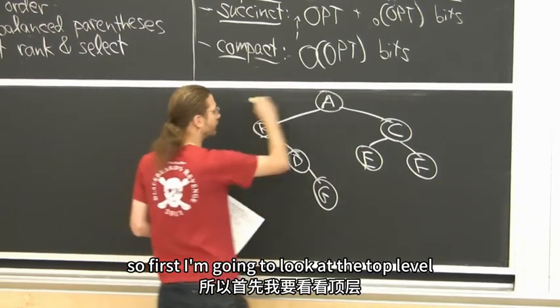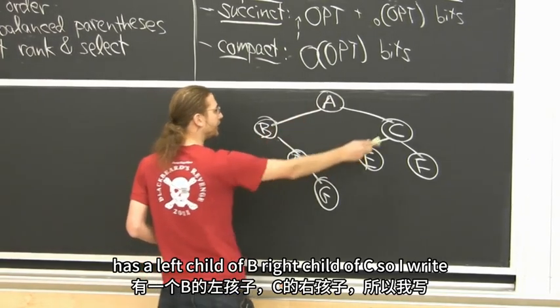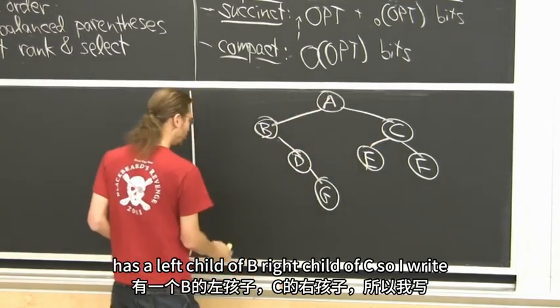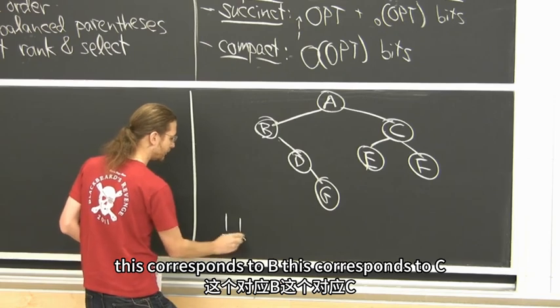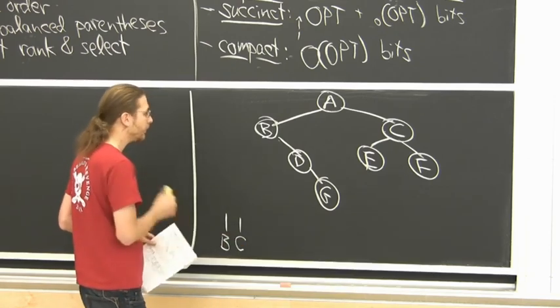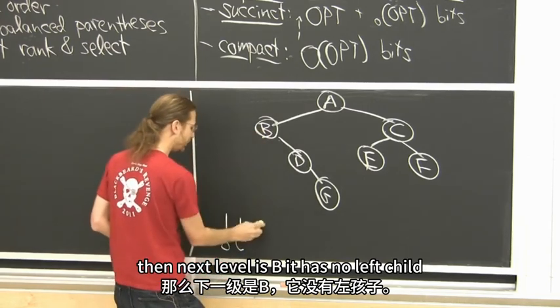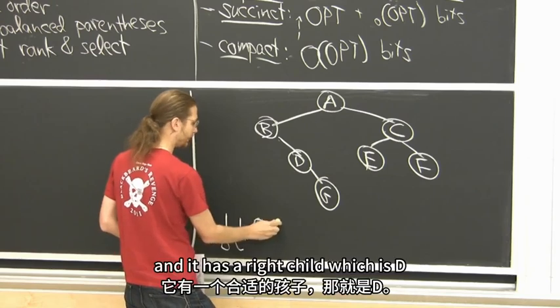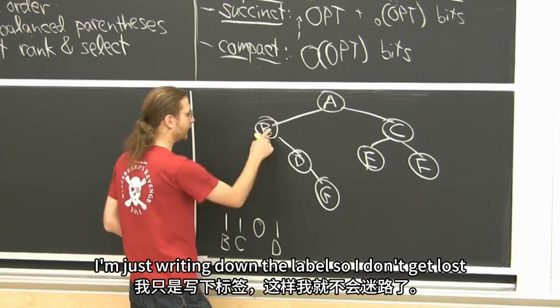So first I'm going to look at the top level. I have the node A, has a left child of B, right child of C, so I write 1, 1. And this corresponds to B, this corresponds to C. Okay, then next level is B. It has no left child, and it has a right child, which is D. I'm just writing down the labels so I don't get lost.